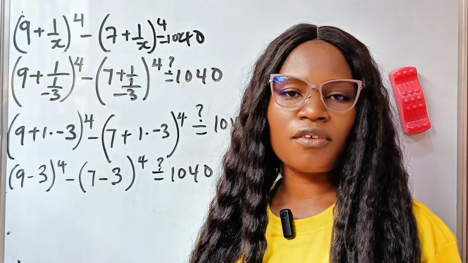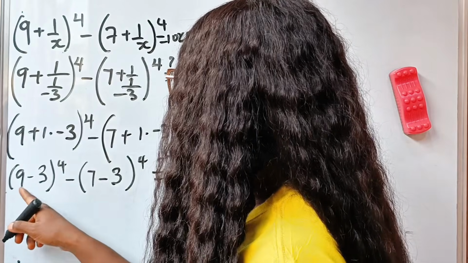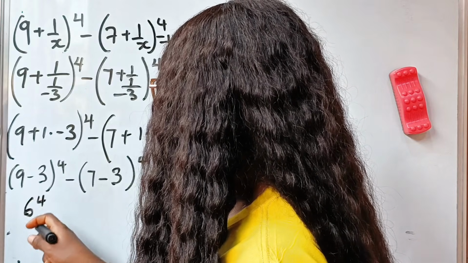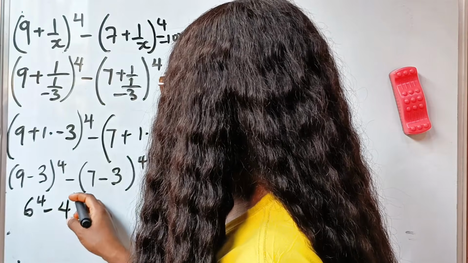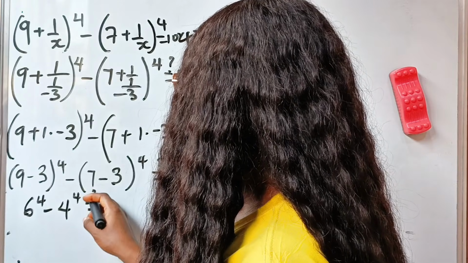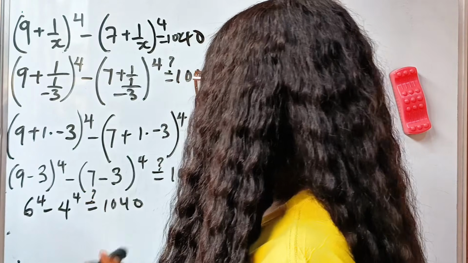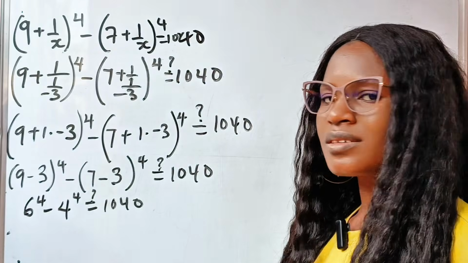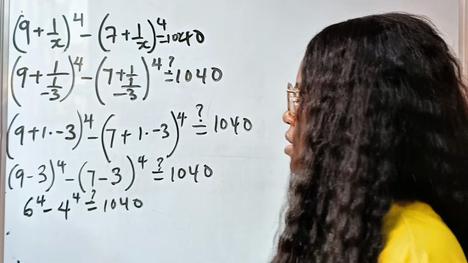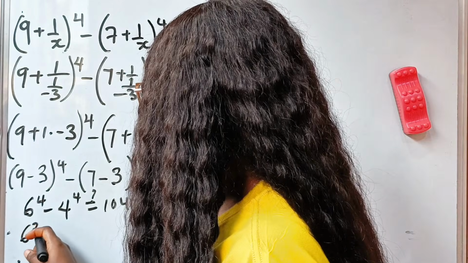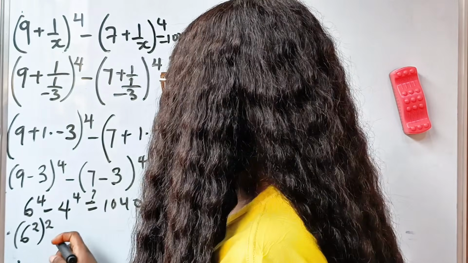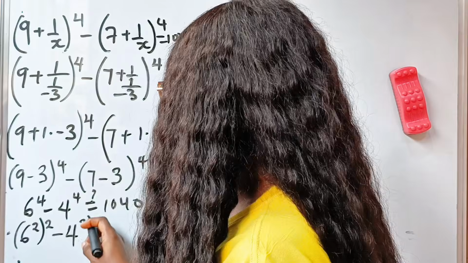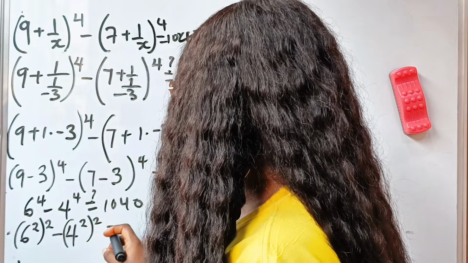Now, is this 1040? If we solve further, we have 9 minus 3 is 6, so we have 6 to the power of 4 minus 7 minus 3 is 4, so we have 4 to the power of 4. Is this equal to 1040? Now, what is 6 to the power of 4? The same thing as 6 to the power of 2, which is what we know very well, raised to the power of 2 again, minus 4 to the power of 2, raised to the power of 2 again.